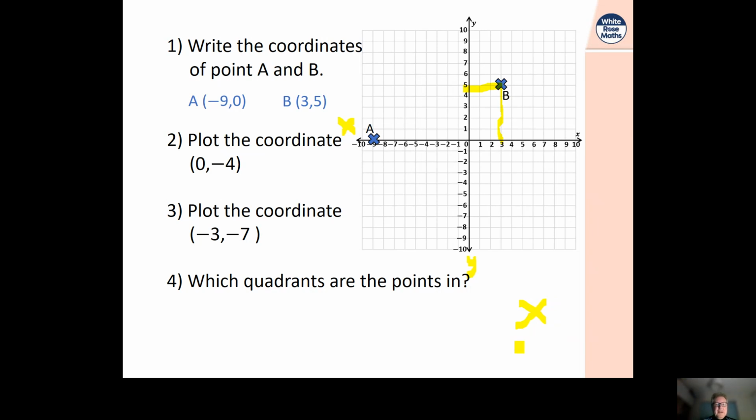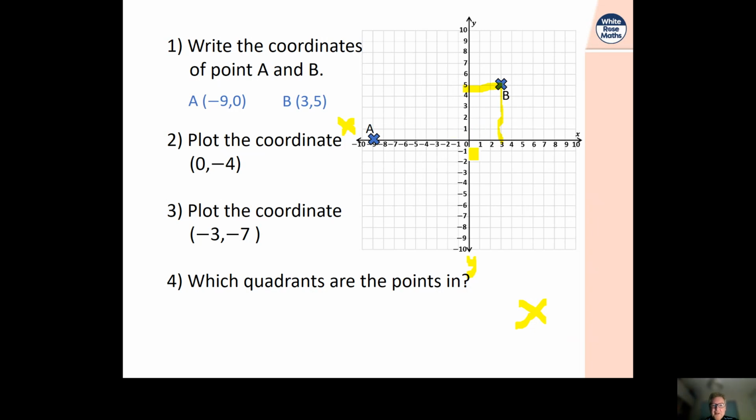Question 2. What is the coordinate? Which quadrant's that going to be in? Because on the y-axis this time we've got a negative coordinate. So is that here? There's the 0. Poppy was telling me that the 0 is in each of the four quadrants.